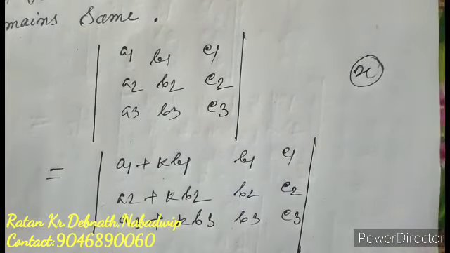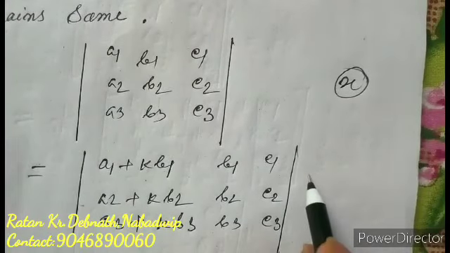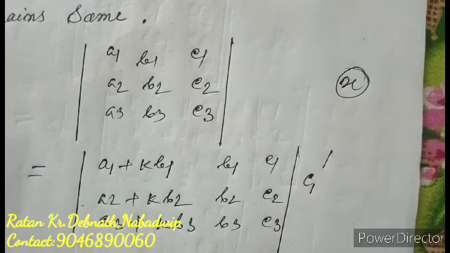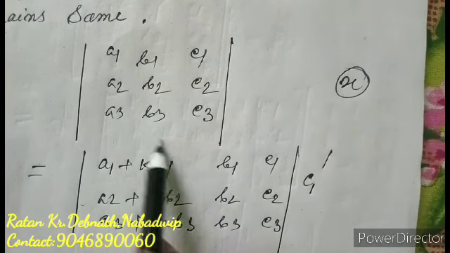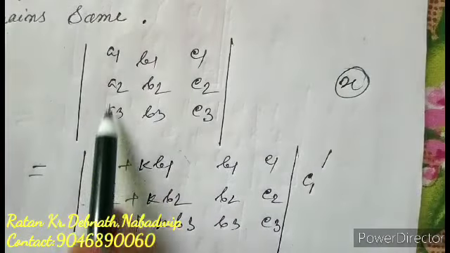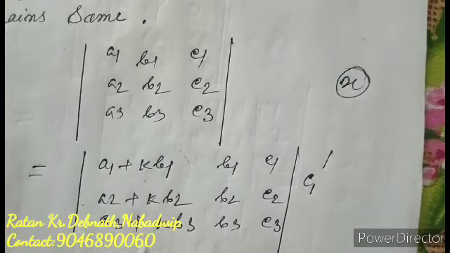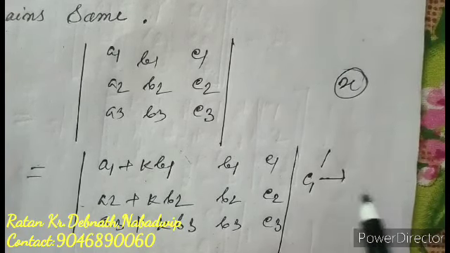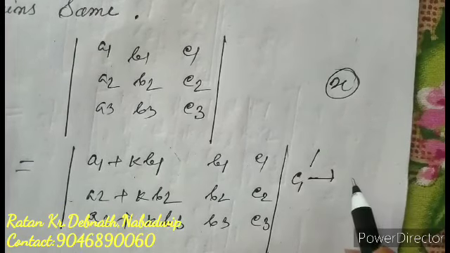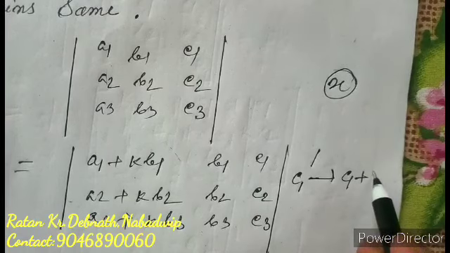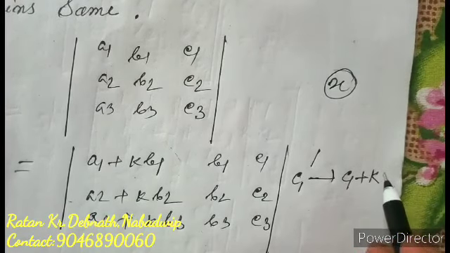This kind of operation we write like this: C1 prime. What does it mean? C1 prime means new. This is C1 and this is C1 prime, means new C1. Changed how do we get it? We get it C1 plus k into C2.